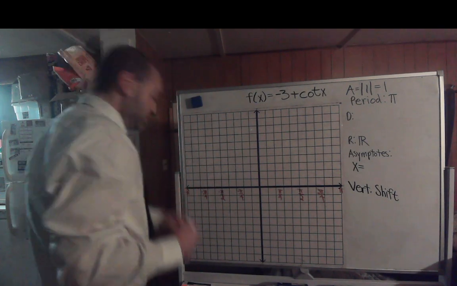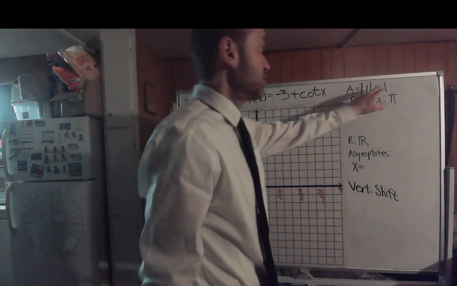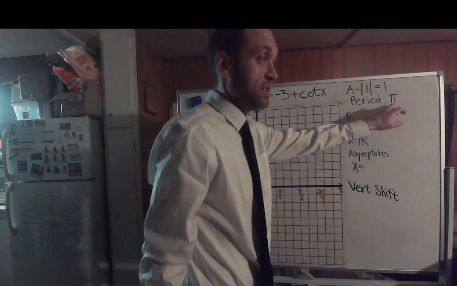Alright. So the coefficient on the cotangent itself is 1, so the amplitude is 1. The period still hasn't changed, that's pi. Your domain's not even going to change. For the cotangent, it can be all of x except x equals integer multiples of pi. So x cannot equal integer multiples of pi, which gives you the vertical asymptotes at x equals those integer multiples of pi.